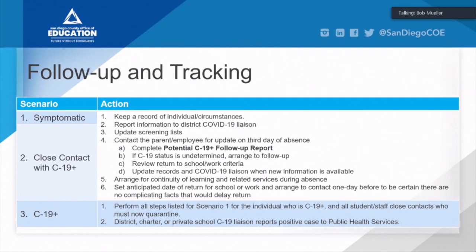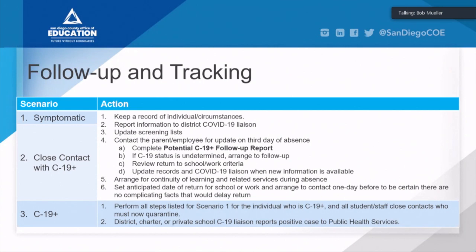If the COVID-19 status of that person is undetermined, they still have symptoms, their test result hasn't come back, or they haven't gone to the doctor, then we need to continue to follow up until we know what's happening with that person. Have they developed COVID-19 or not? During the contacts, we should be reviewing the return to work and school criteria, updating our records, updating the COVID-19 liaison, and arranging for continuity of learning and related services during the absence, really making sure that that child is well supported during that period of time.